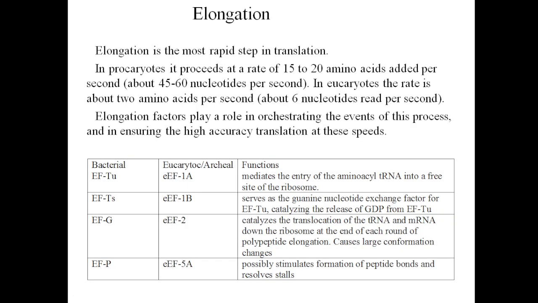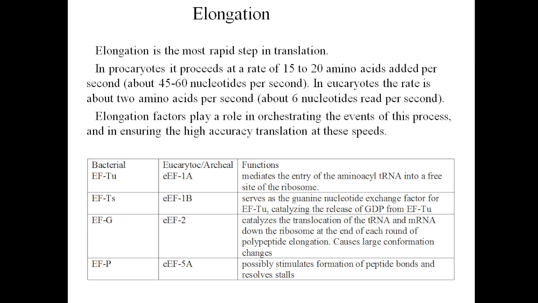Next step, elongation. Again, after joining of the ribosome, special soluble factors are necessary, which are needed only for elongation. You can see it is the most rapid step of translation and determines the rate of synthesis.